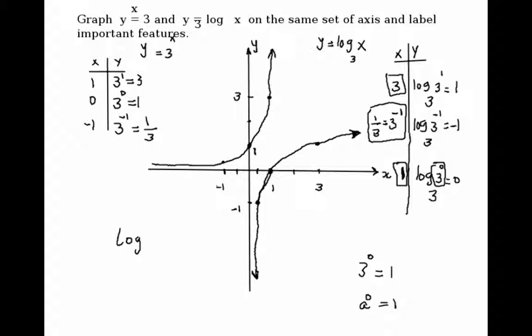If I have a log of a to the power of n, if the base of the logarithm is the same as the base of this exponential, which is also a, what would this whole thing be equal to, anyone? n, exactly. This is a very handy equation to remember, and that's what we're going to use to locate these points.